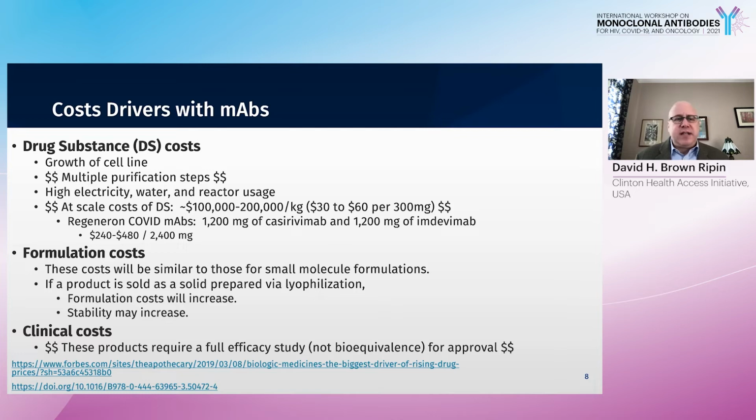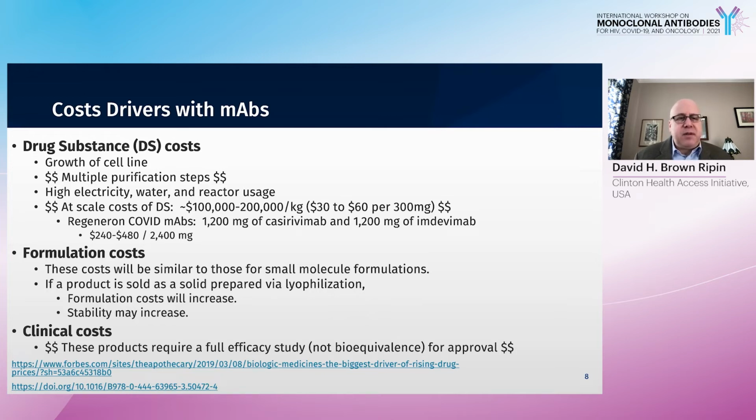And so this would translate in our estimate at a large scale, highly efficient, low cost manufacturer to drive costs on the order of $100,000 to $200,000 per kilo of active monoclonal antibody, or for a 300 milligram product, a market price in the range of $30 to $60.